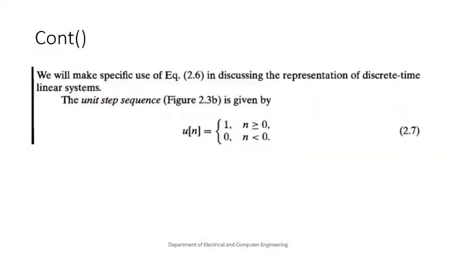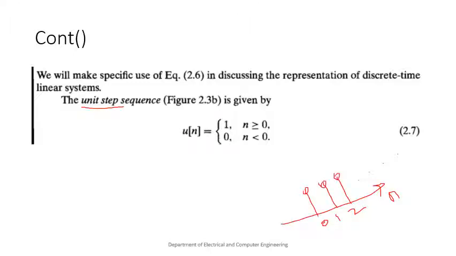So another very important signal is the unit step. We have talked about the unit impulse, and now the unit step according to this definition. On the n-axis, when n is greater than or equal to 0, the value of the function is 1. So 0, 1, 2, and so on.